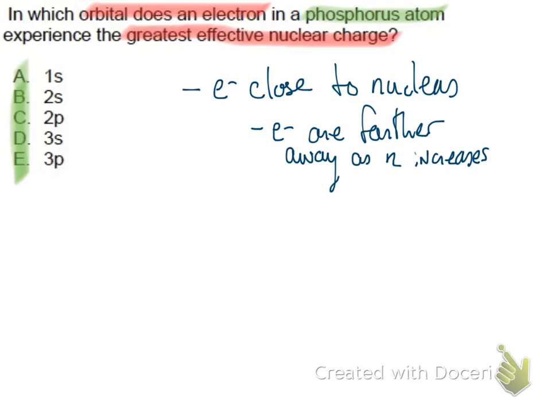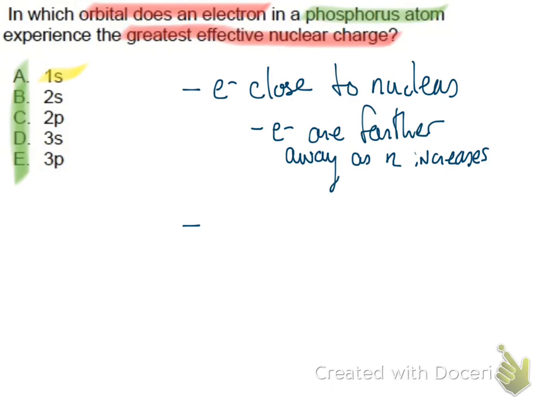So if we want to be close to the nucleus, then we need to have a small principal quantum number. We can see right away that our smallest principal quantum number is answer choice A, so that seems to be the most likely, although this is not the only consideration that we need to take into account.